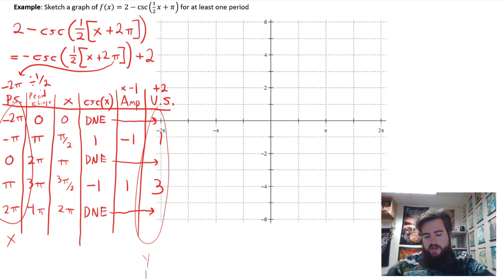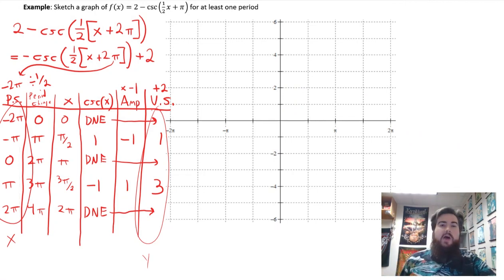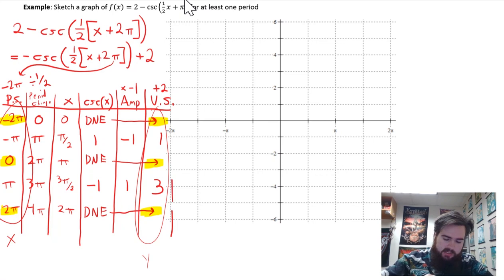So let's create this graph. We move this over ever so slightly. There we go. I will draw my asymptotes first. I have asymptotes at -2 pi, at 0, and at 2 pi. So I have vertical asymptotes at each of those locations.